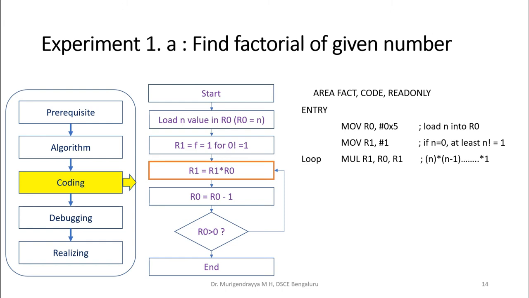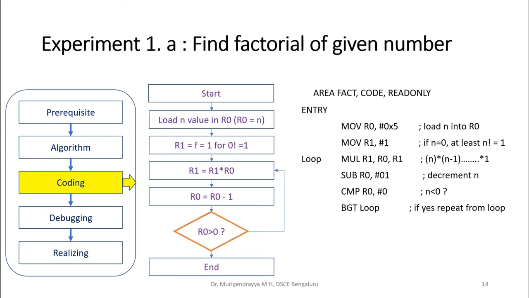We perform multiplication and subtraction to decrement n, and repeat this decrement and multiplication until n, or the content of R1, reaches 1. Once it reaches the value 1, the program ends.